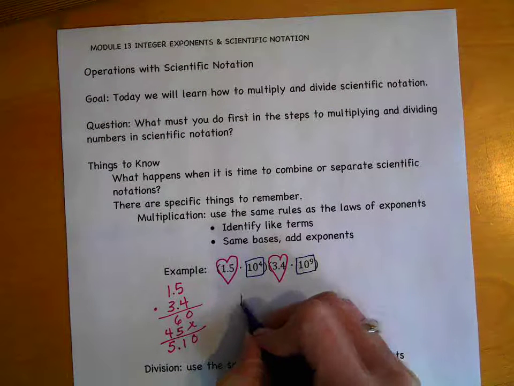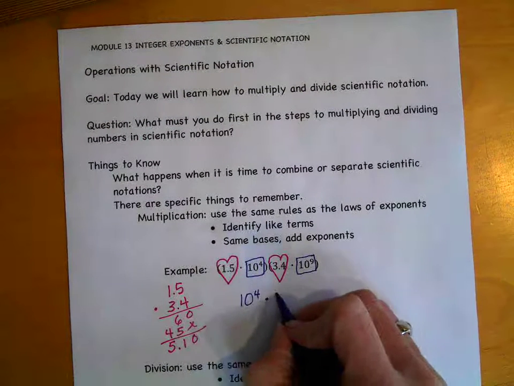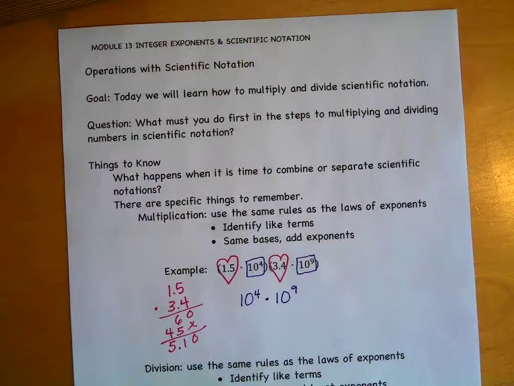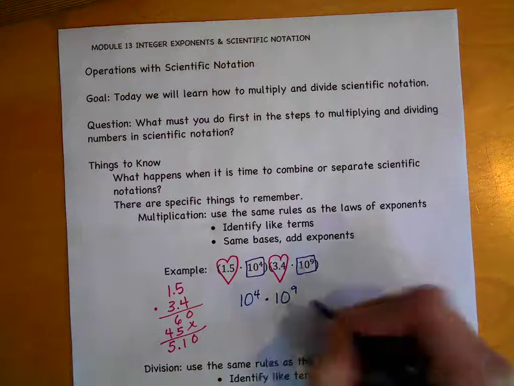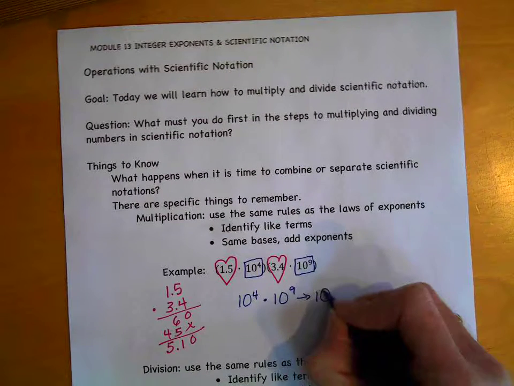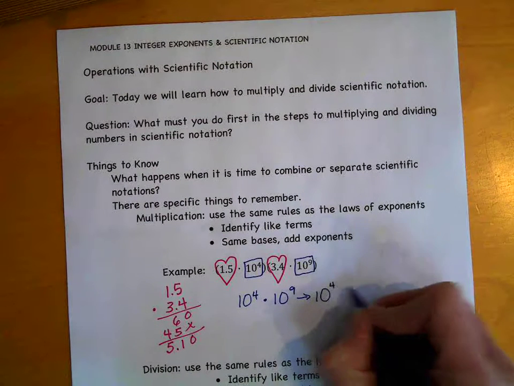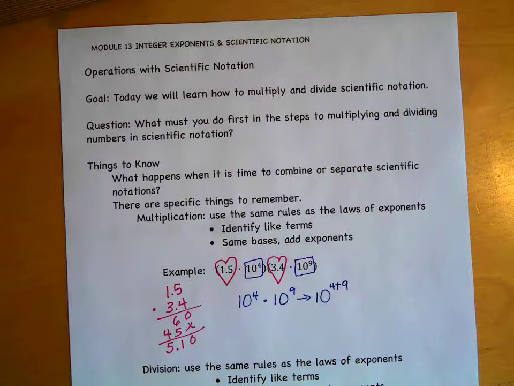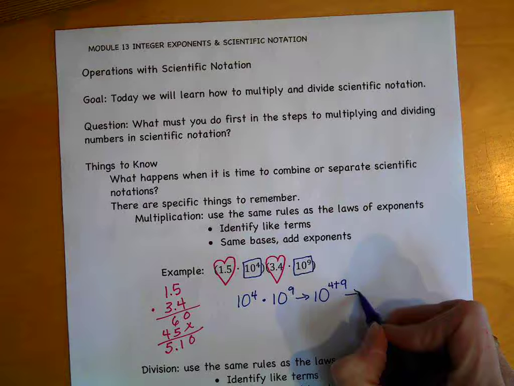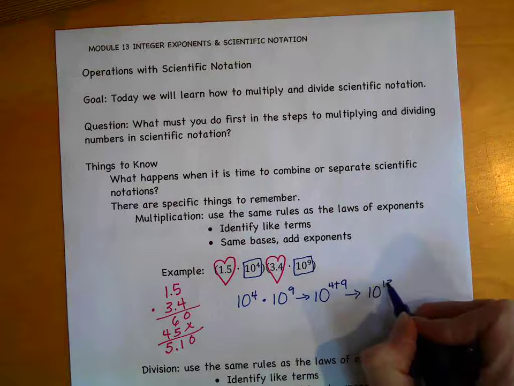Then you take the powers and you multiply them together. So you're taking 10 to the fourth power times 10 to the ninth power. They have the same base, 10, and we take 4 plus 9 because when you're multiplying the same bases, you add the exponents, and so we get 10 to the 13th power.